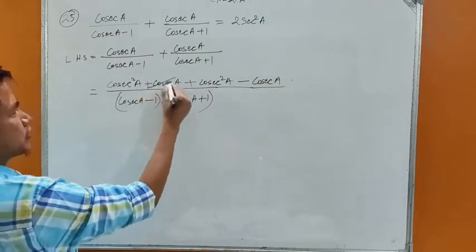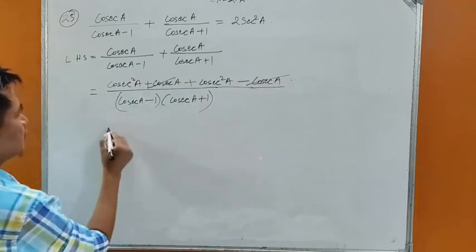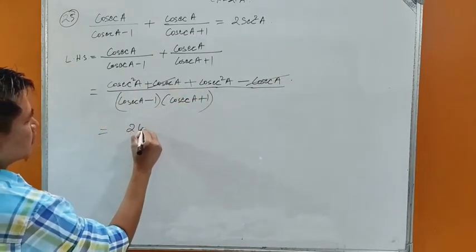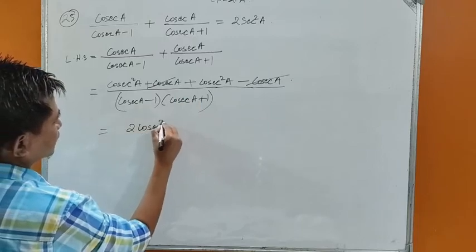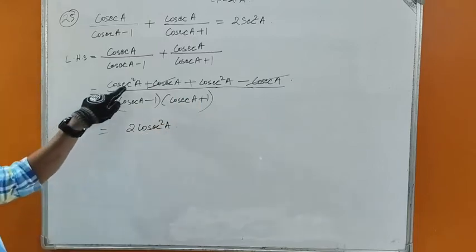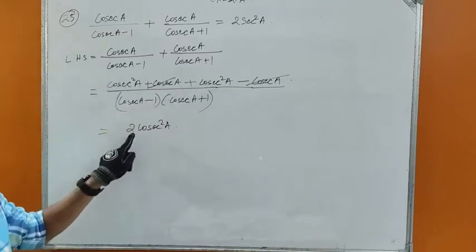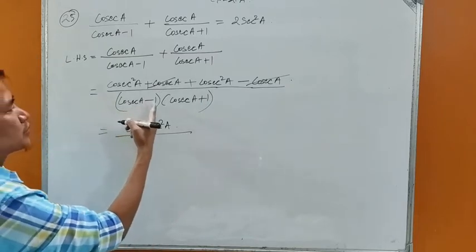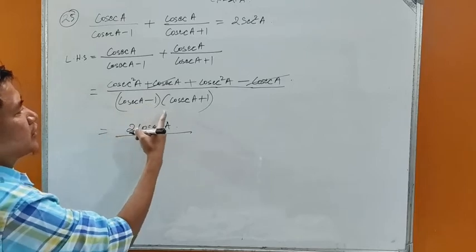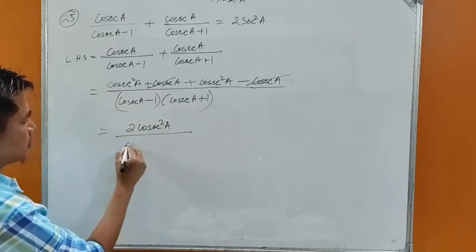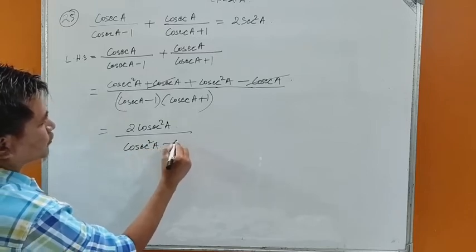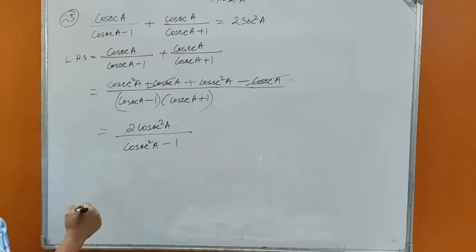So this plus cosec A minus cosec A gets cancelled. So cosec square A plus cosec square A is 2 cosec square A. In the denominator we have A minus B into A plus B, that means cosec square A minus B square. 1 square means 1.